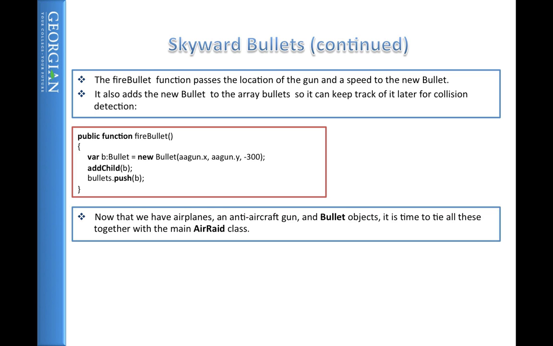But what I do here is I'm going to push these bullets onto this bullets array, which is actually where we're going to keep our, I don't know, a pool of bullets that we're going to put into our game. We're going to push this bullet B. After we've added child, we're going to display this bullet onto the screen in a particular location and update it every time we move it.